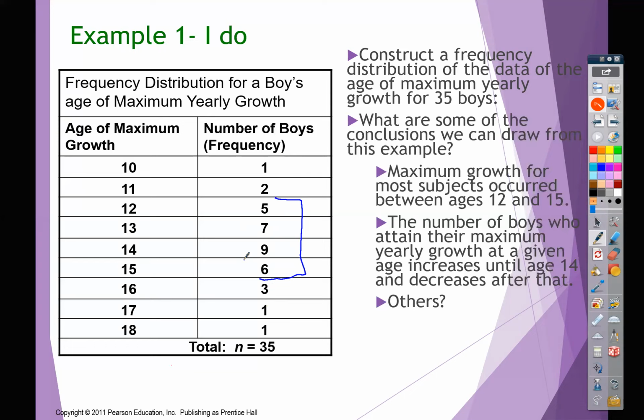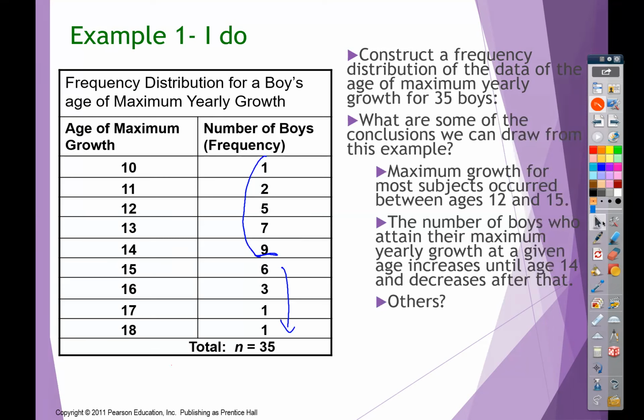The number of boys who attain their maximum yearly growth at a given age increases until age 14, and after that it decreases. So see, what that's saying is that the numbers are going up and up and up and up, and then right here it starts going down. So you hit a maximum of 9 boys growing at age 14, and then the numbers are decreasing.